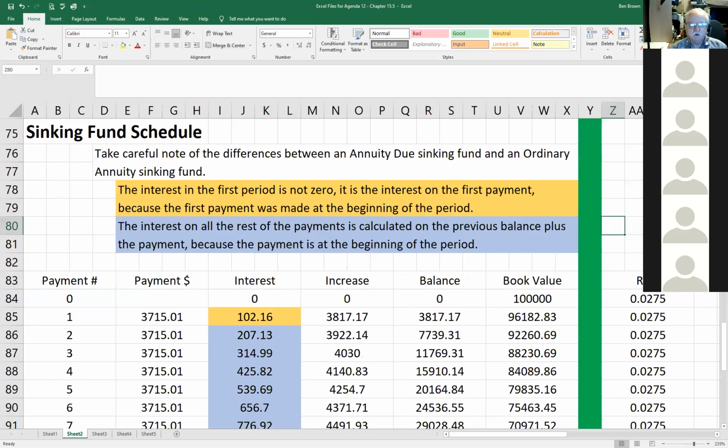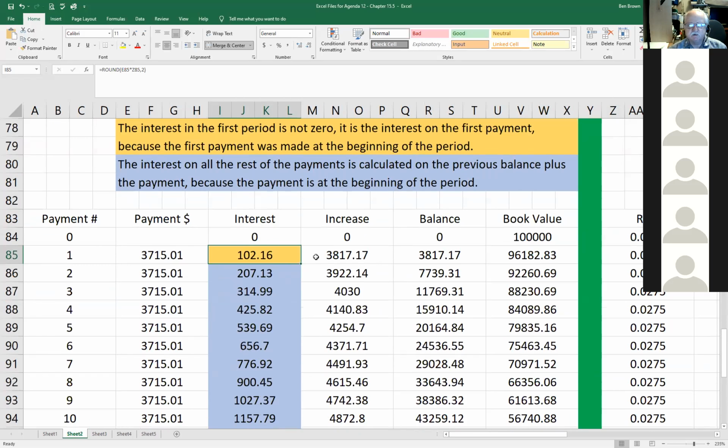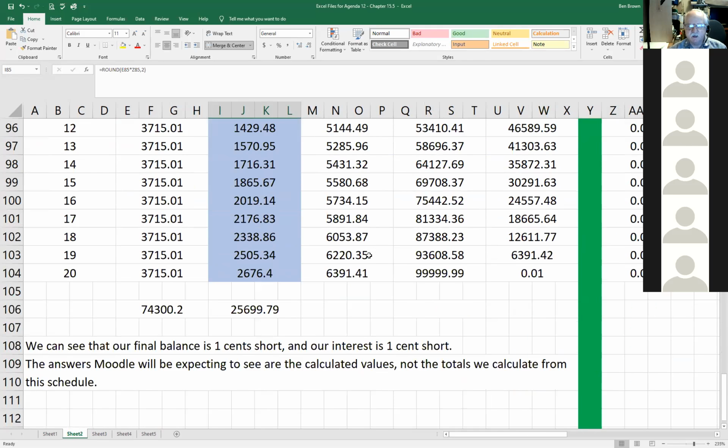But on this one, because we put the payment in at the beginning of the period, we do get interest here. So it makes a slight difference to your calculation that with annuity due, you're getting this interest in the first period. And then we could calculate the table.